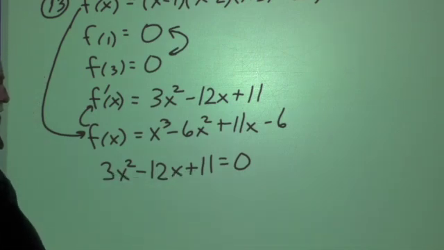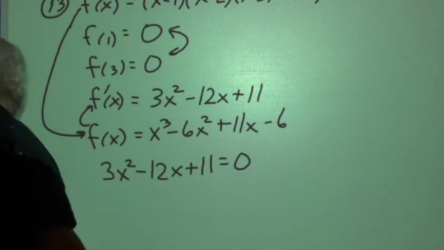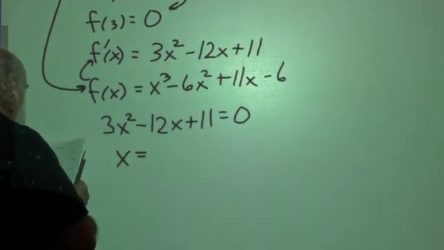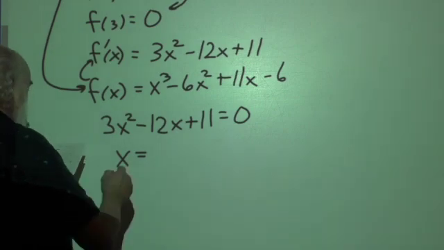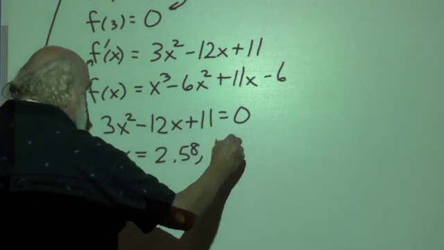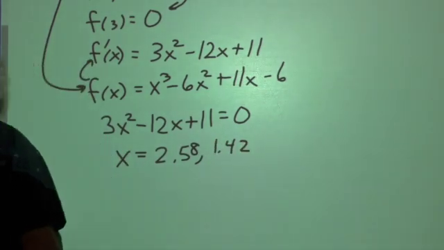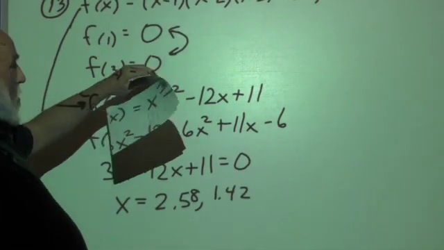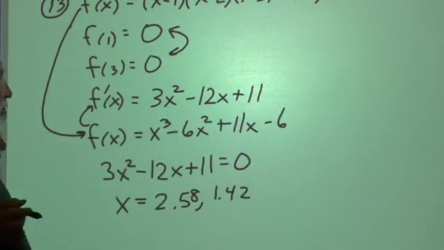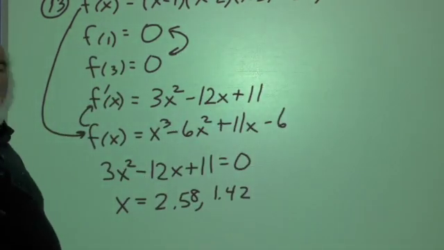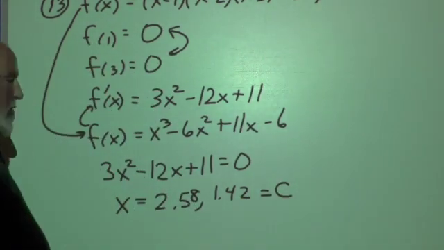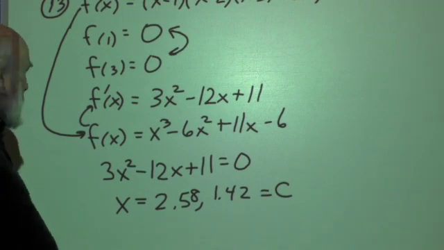I used the quadratic formula on that thing, and I get 2 values for x, and they were 2.58 and 1.42, both of which fall between 1 and 3. So in this particular case, we have 2 c's that fit this requirement. So these are both equal to c. Okay?